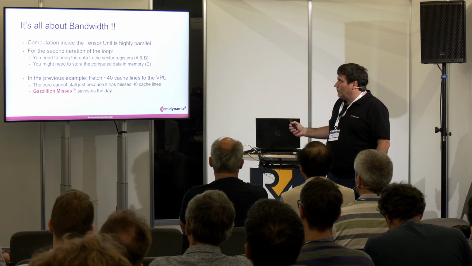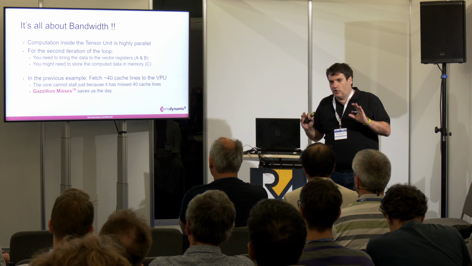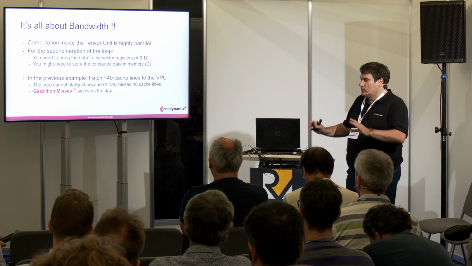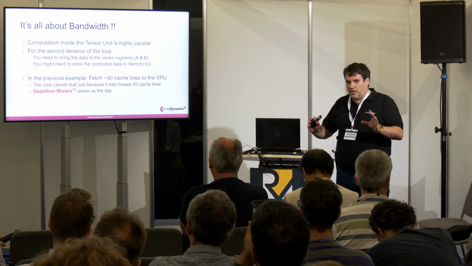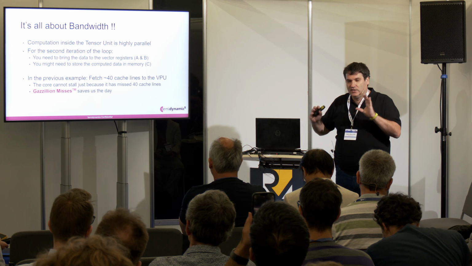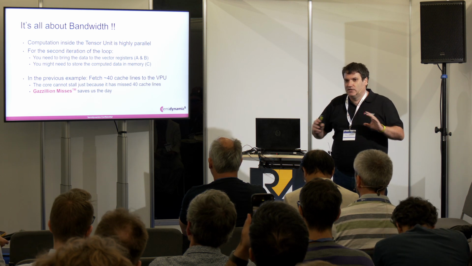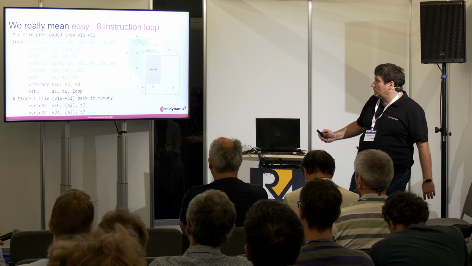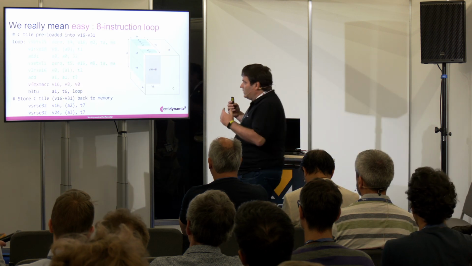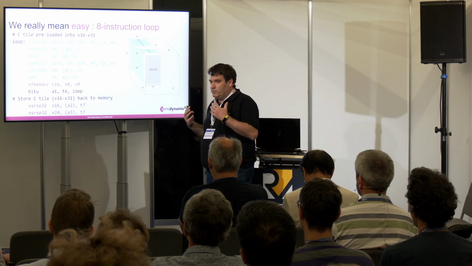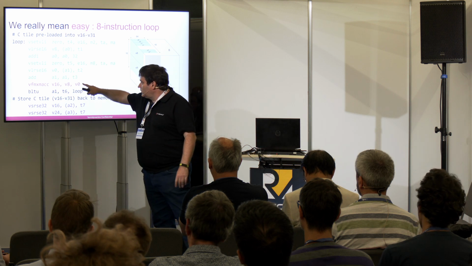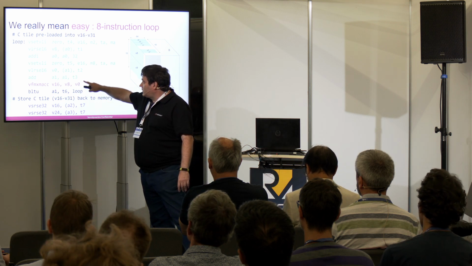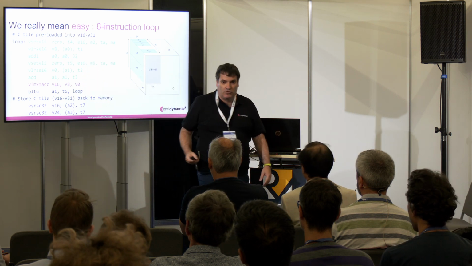But the important thing here is all about bandwidth. Doing all the FMA computation inside the tensor unit is relatively fast, taking a few dozens of cycles. The problem is that to keep the tensor unit really busy, while I'm executing that instruction I have to do the loads for the next iteration of the loop.